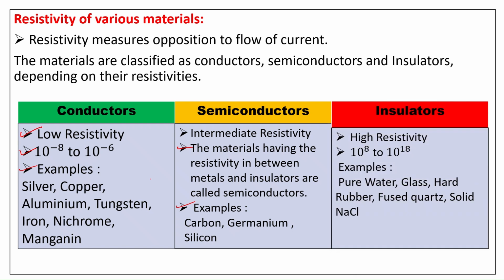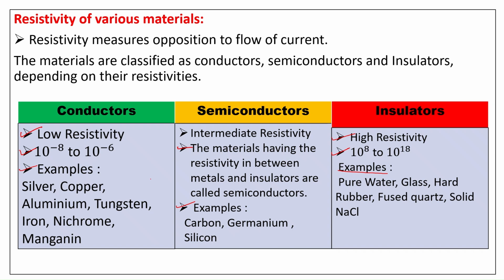Next, insulators. Insulators have high resistivity. The materials having resistivity 10 to the power 18 times greater than metals are called insulators. Examples are pure water, glass, hard rubber, fused quartz, solid NaCl, etc.